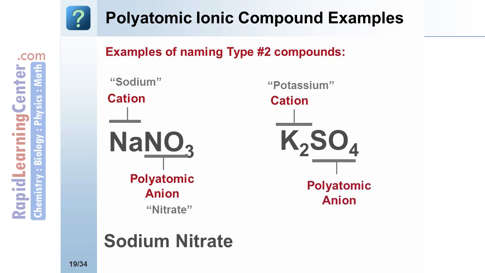SO4 is a polyatomic anion, sulfate. The 2 with the potassium is not important for naming this type of compound. The only subscripts that are important for this type are subscripts within the polyatomic ion. Potassium sulfate.